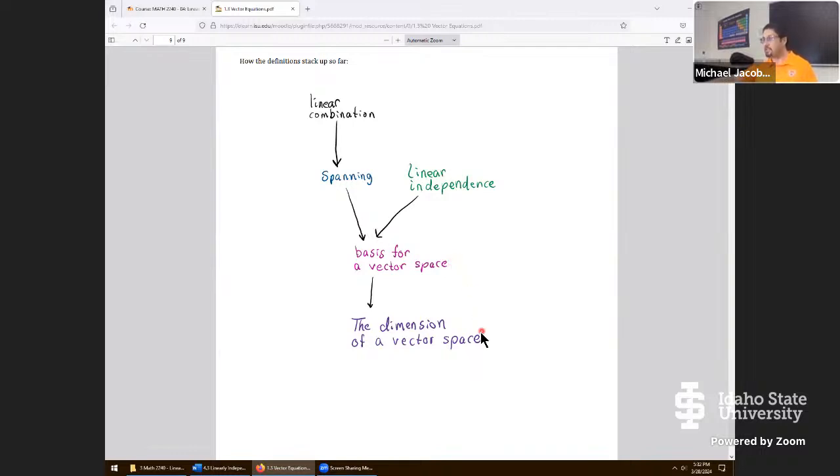Now, once you have a basis, we come down here and we just say the dimension of a vector space is equal to the number of vectors in the basis. So it seems kind of strange in a way. This feels like a mysterious definition we've been hinting at all along, but all it really is is spanning and independence.